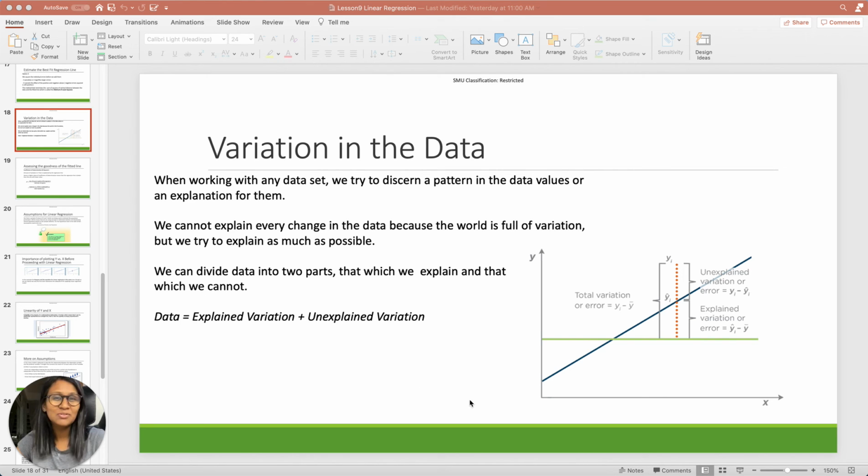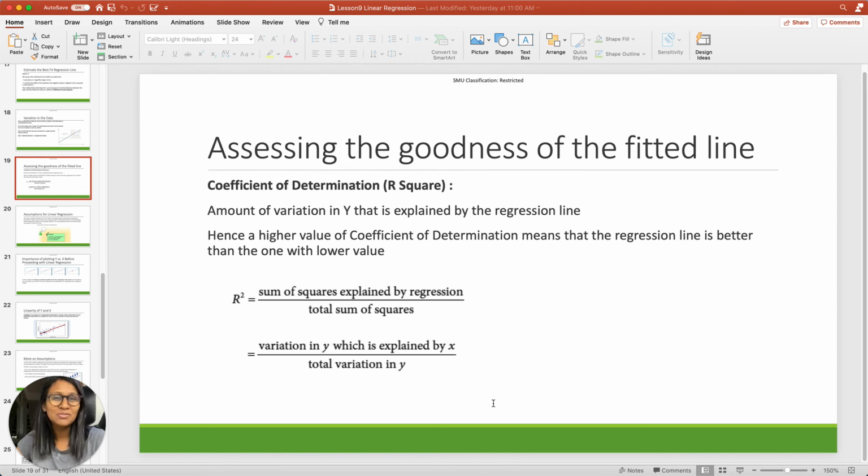Now let's see how this is used to measure the performance of regression. You might have already heard about the statistic of R square, or the coefficient of determination. The coefficient of determination is based on the same concept that I was just talking about. Whatever is the total variation in the y variable, our target variable, a part of it we are able to explain.